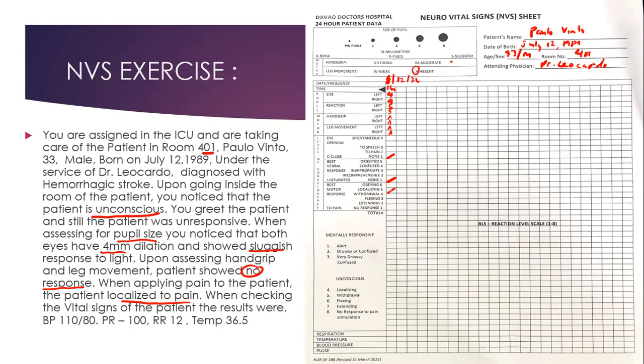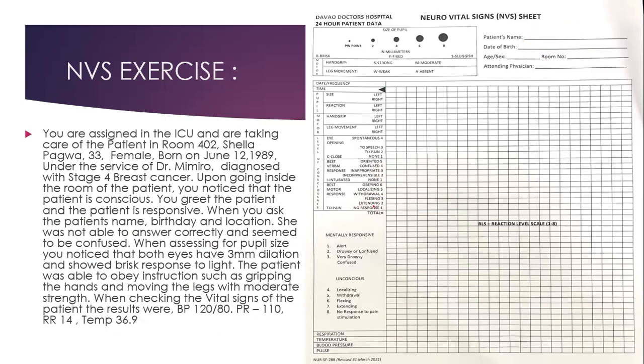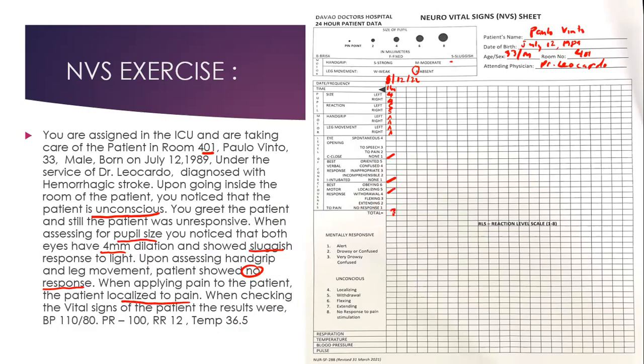So dito 5. So 1, 1, 5, total of 7, di ba? Tama? Therefore, kung 7 siya, anong status ng patient? 7 or less, ano yan siya? Tawag dyan is comatose. Comatose ang patient, kaya hindi siya nagigising, no?